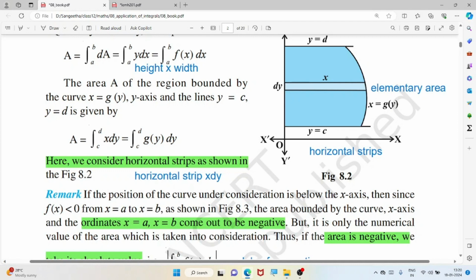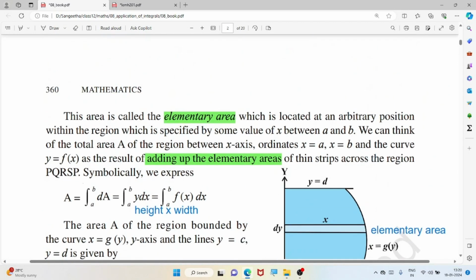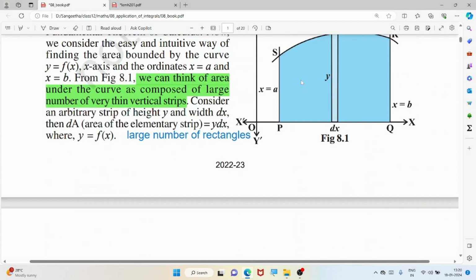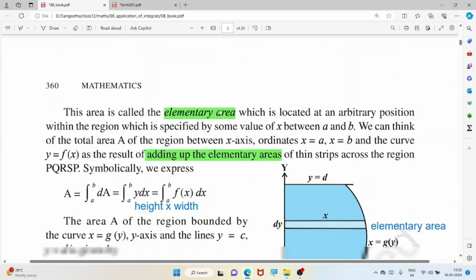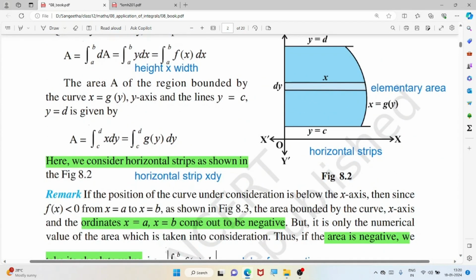If you take y dx, the x limit is a to b. But here we are taking dy, so we apply the y limit c to d, for horizontal strips. This is the elementary area here.